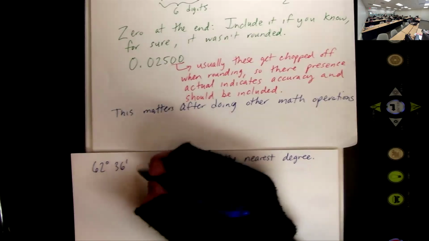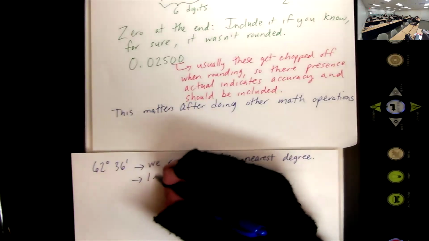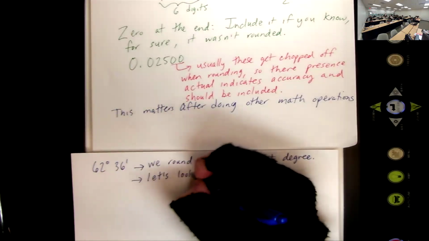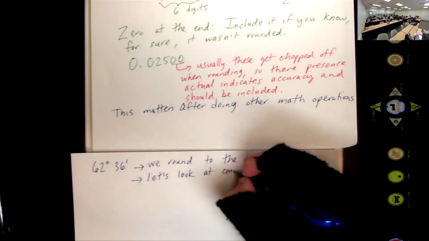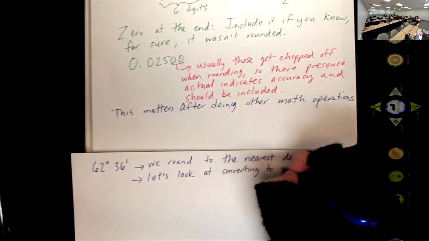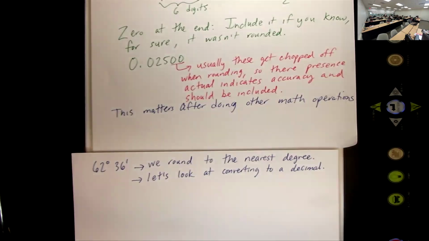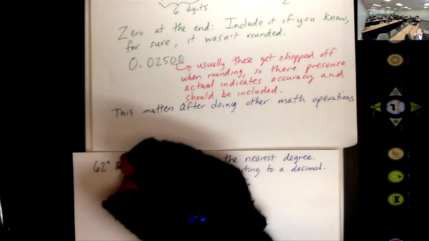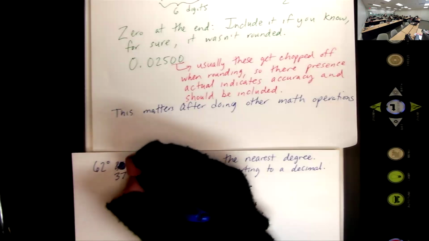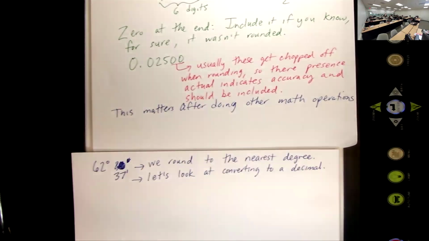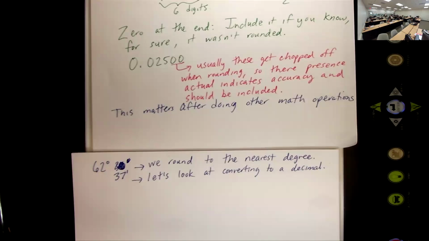And then let's also look at converting to a decimal. And you know what? Let's make it 37 minutes. Because I think 36 minutes is gonna look too pretty when we do a decimal version. And defeats the point of using this as an example.